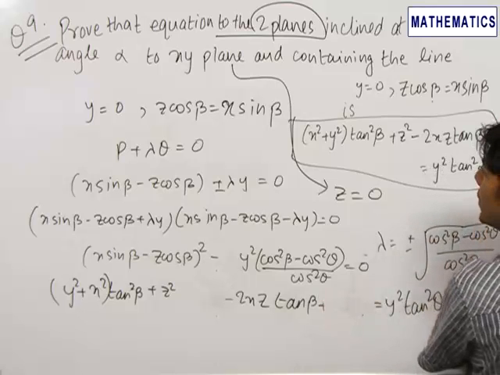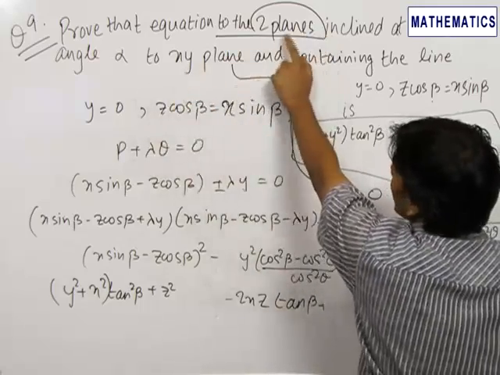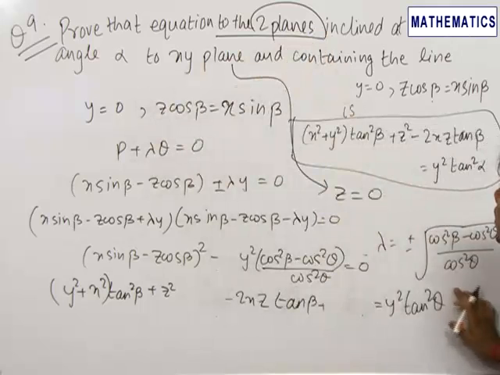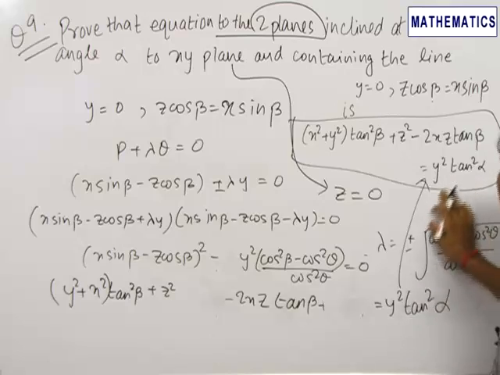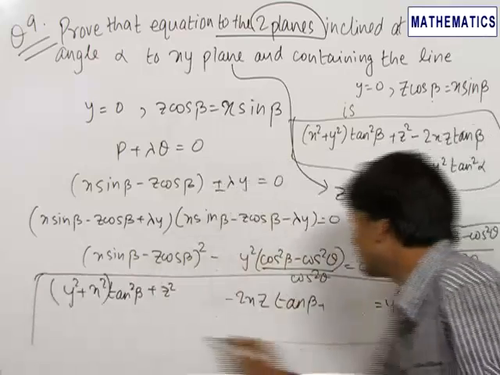Now theta was the angle between the xy plane and the plane. Therefore this theta is equal to alpha, and thus we get our required equation, and this is how we have proved the final answer.